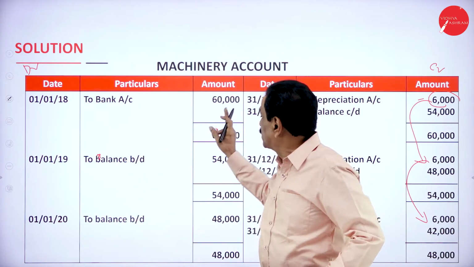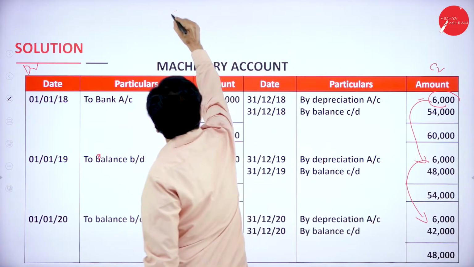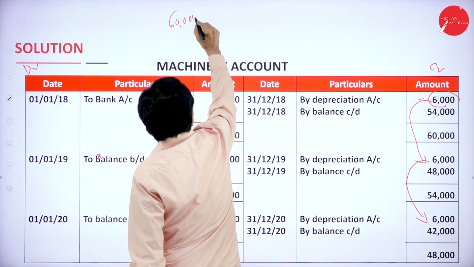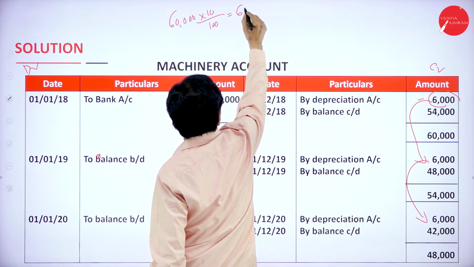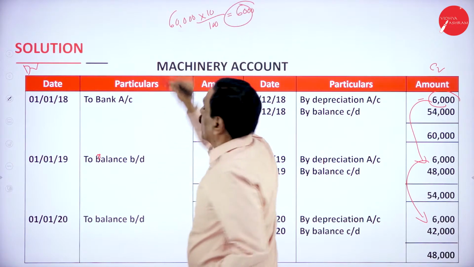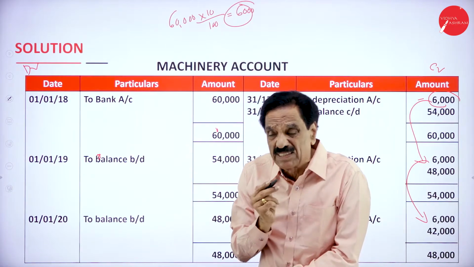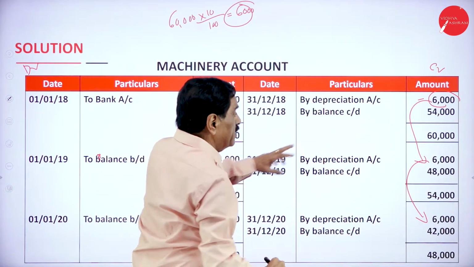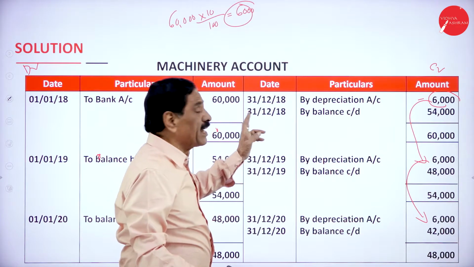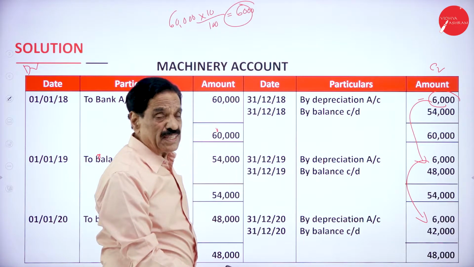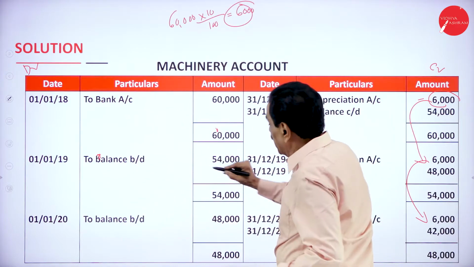On 60,000 you charge 10%, which comes to 6,000. By depreciation 6,000, what is the balance left over? 54,000. Closing balance of which year? 2018. That becomes the opening balance for the next year.